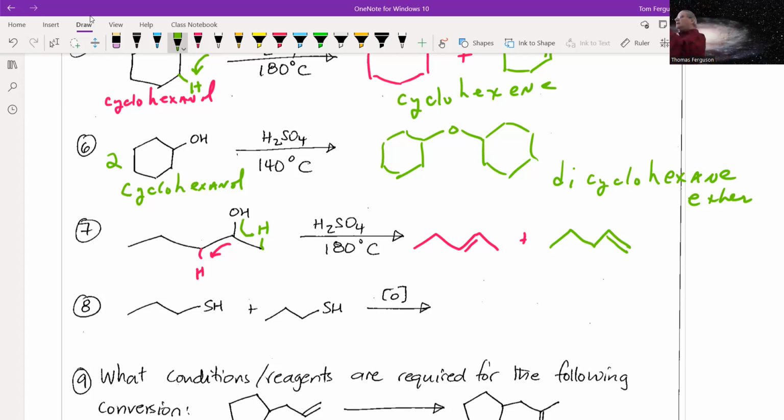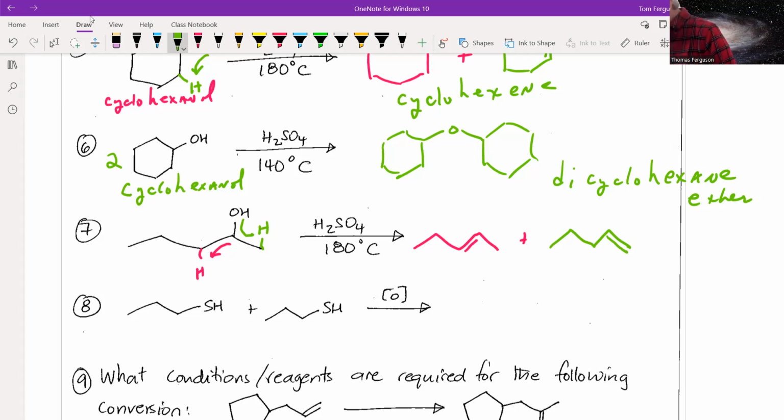So we're going to get a double bond on either side of the OH group. So this is a 5 carbon, 1, 2, 3, 4, 5 carbon secondary alcohol.